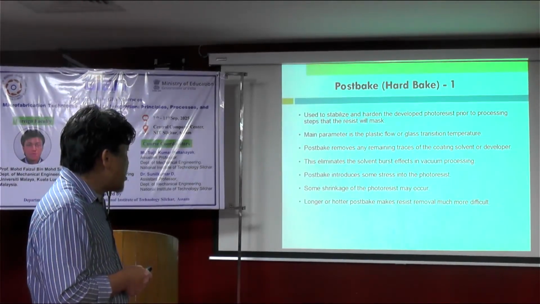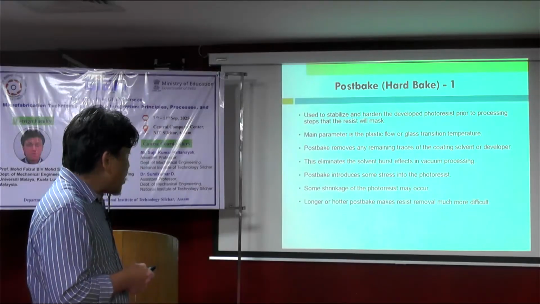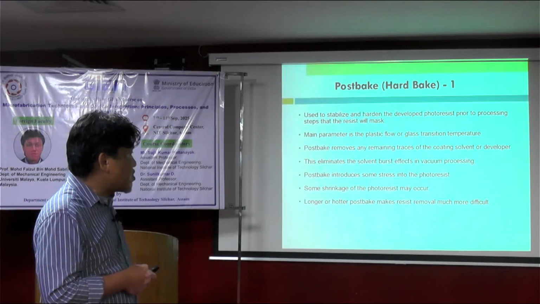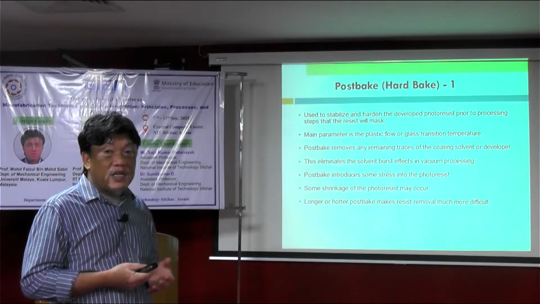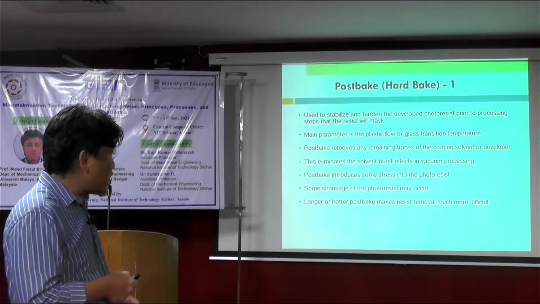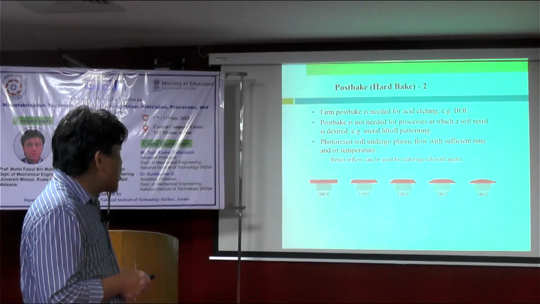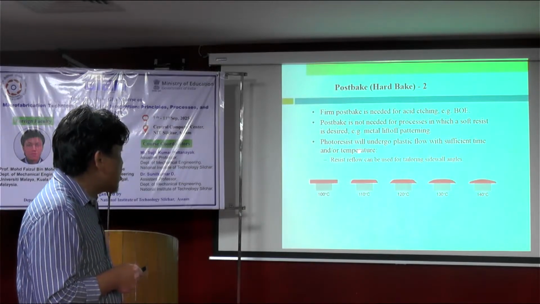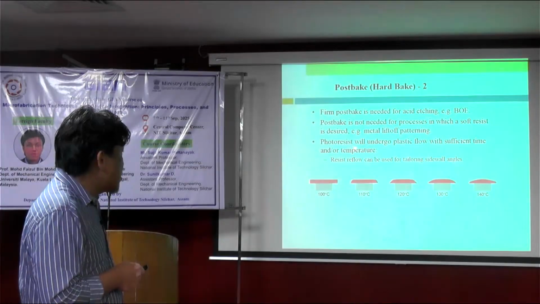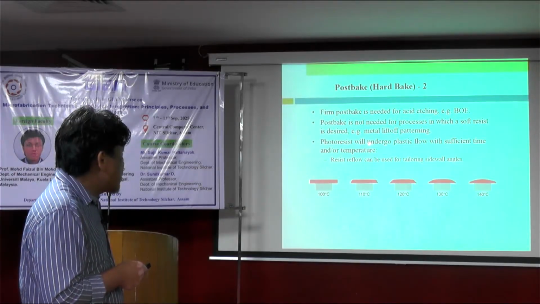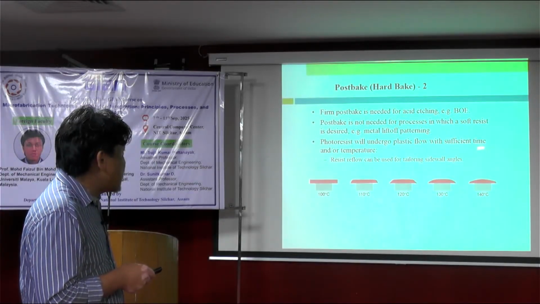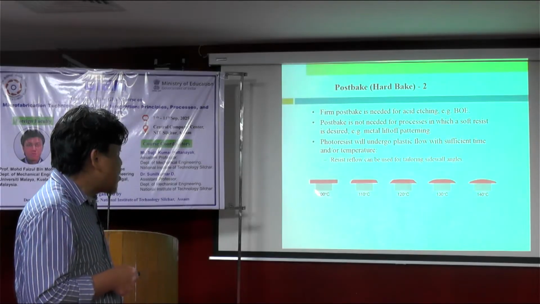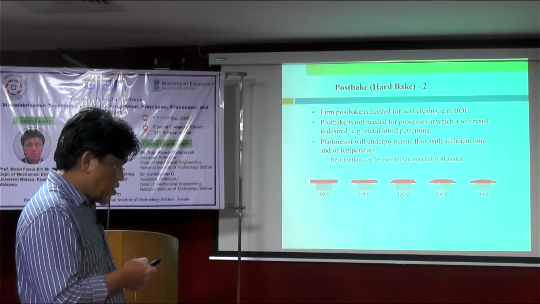Basically, you don't want to go too much on the post bake, because sometimes it will harden and make it difficult for you to remove the photoresist. Post bake can happen with a certain degree. Photoresist will undergo plastic flow with sufficient time and temperature. It can have this kind of issue in the post bake.